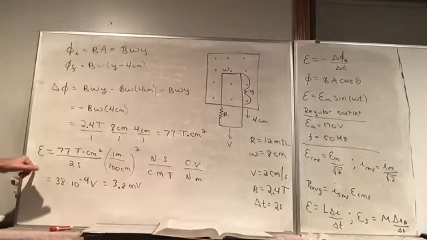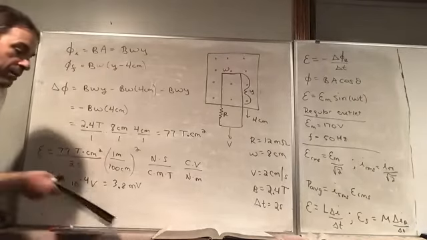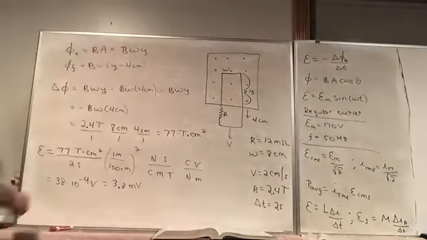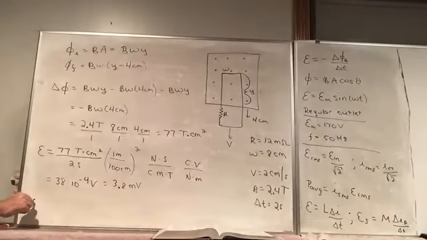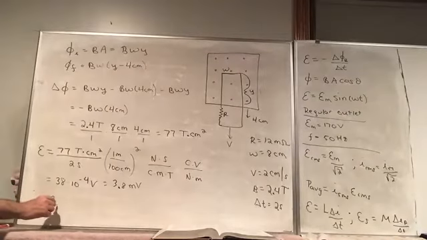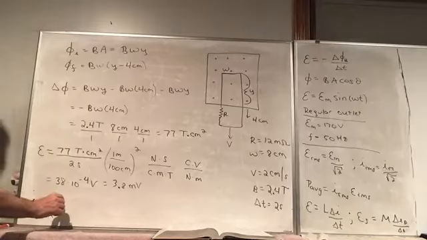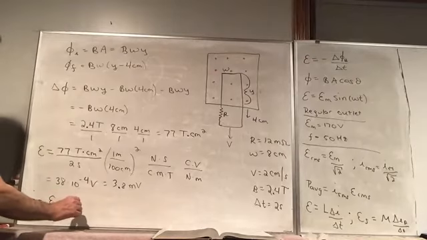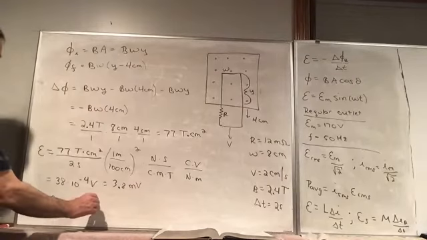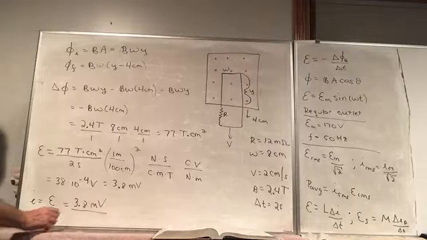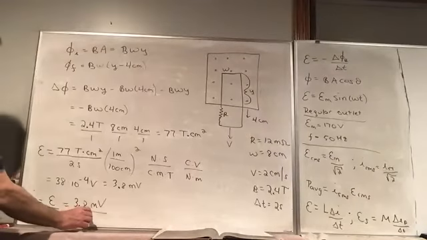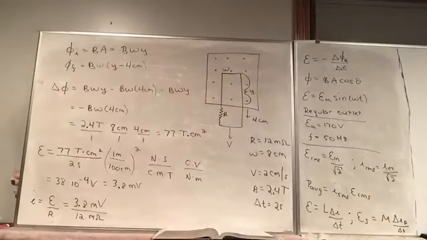Okay. Now, what about the induced current? Kind of running out of room on the board. So we can just use Ohm's law. The current would be the EMF over the resistance. So we have 3.8 millivolts over 12 milliohms.